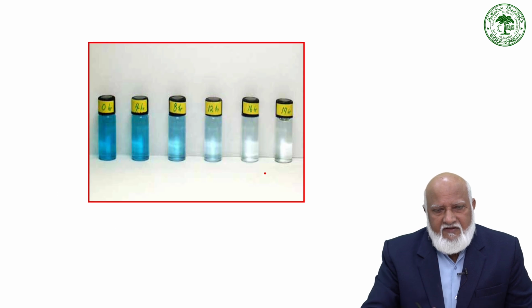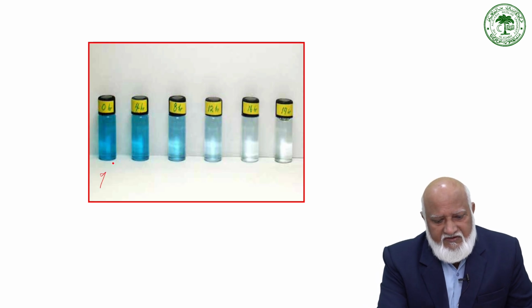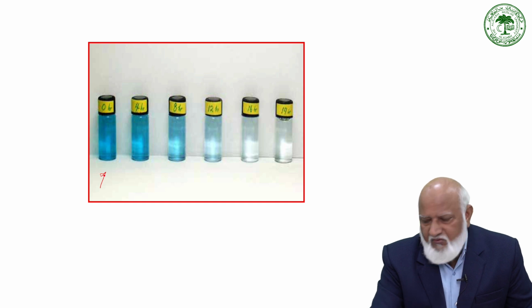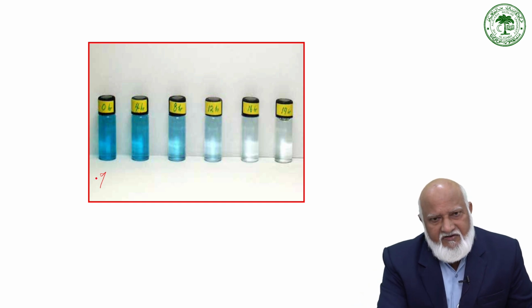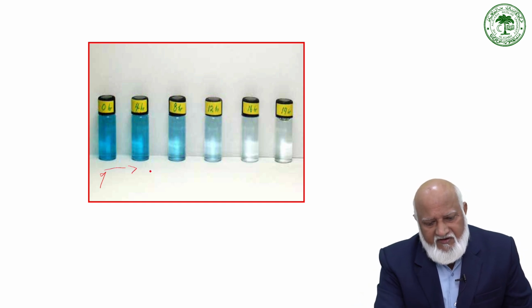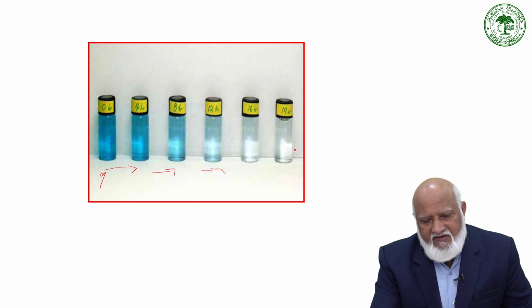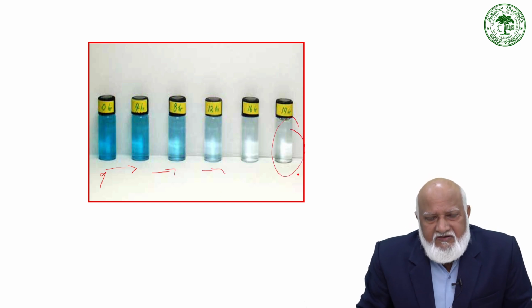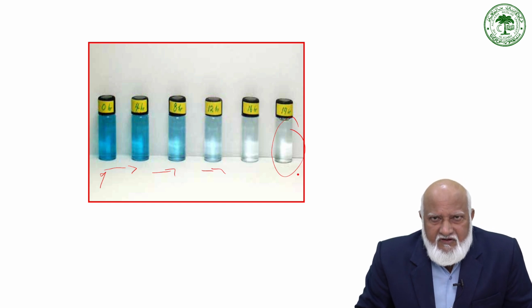I can show here, this is a different dye, maybe acid blue, which has a highly intense color, and then at different time intervals we can see it is highly colorless. So during the course of the reaction, the highly colored dye gets decolorized.